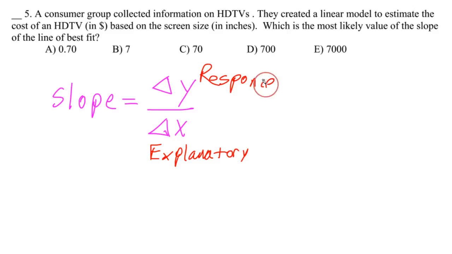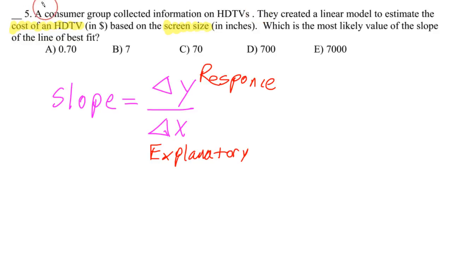So before I can even go further with this problem, I need to say, who is going to be my explanatory variable and who's going to be the response? I see that they're wanting to check the cost of an HD TV, and screen size. Which one is the dependent and which one is the independent?